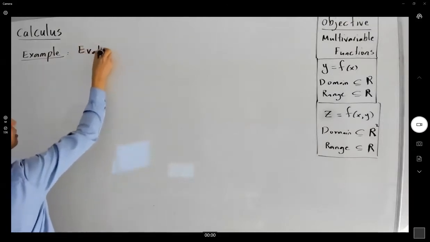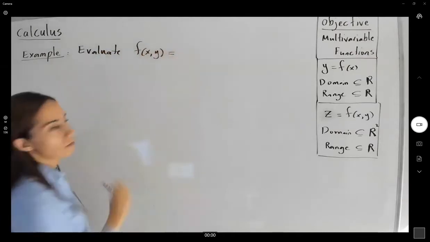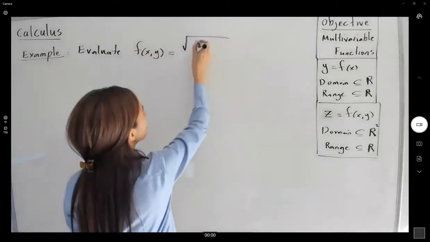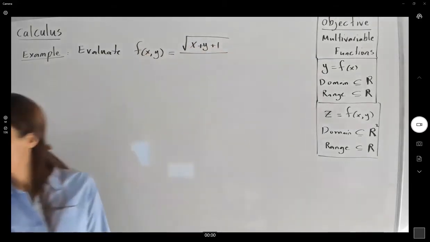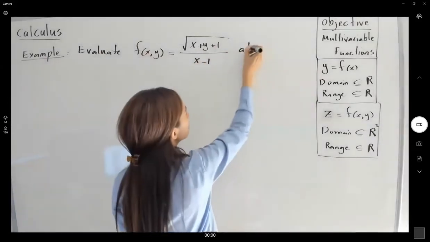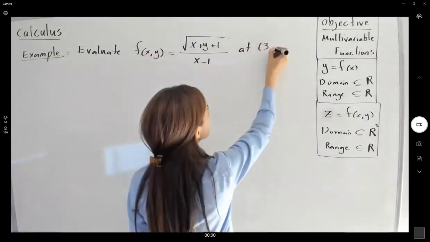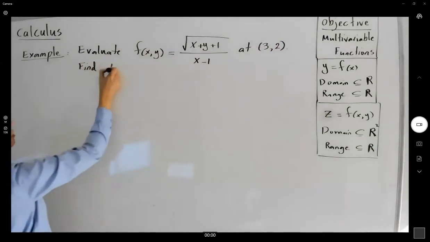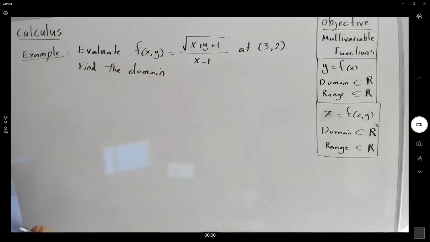Evaluate f of x and y, which is defined as square root of x plus y plus 1 divided by x minus 1, at the point, what is the given point to us? 3 and 2. And also find the domain.